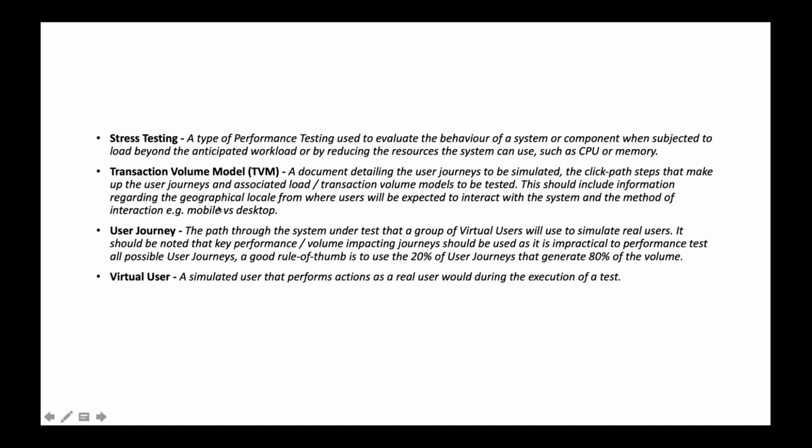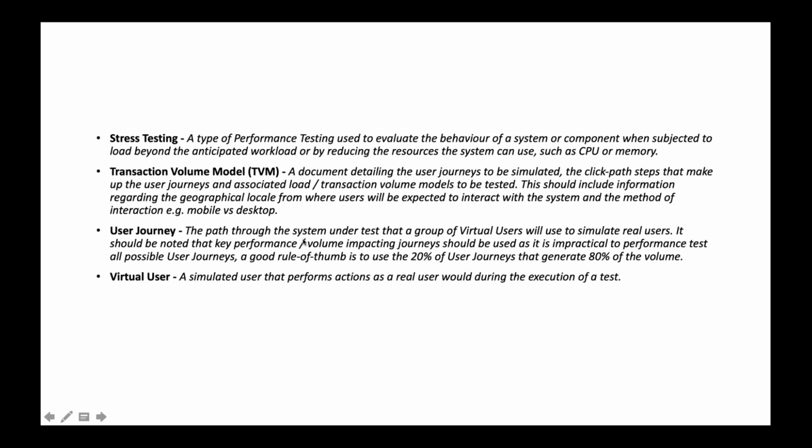This is very important: what kind of device and what kind of geographic location they are using to access that particular system, and the method of interaction, either mobile or desktop. So we are going to define the transaction volume model. It's a kind of documentation of from which device and from which location the system is getting hit. So in that case we will define some TVM, transaction volume model, like that.